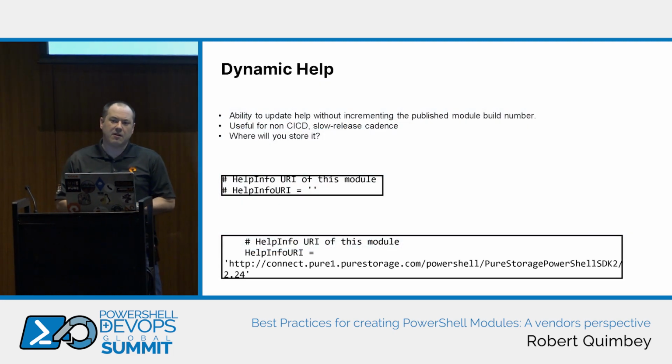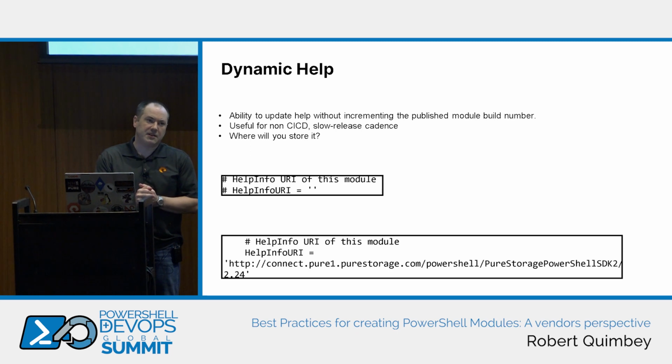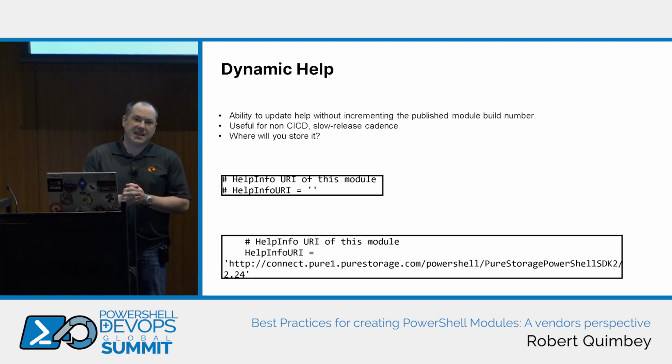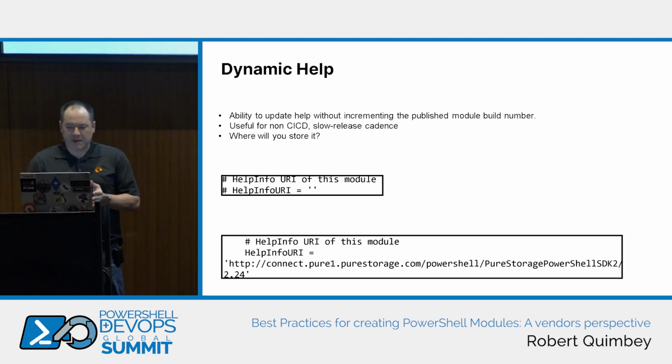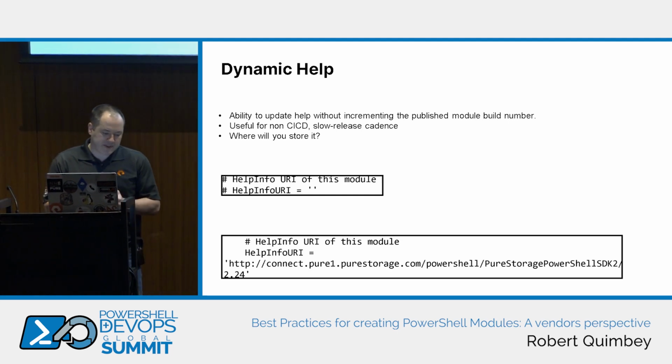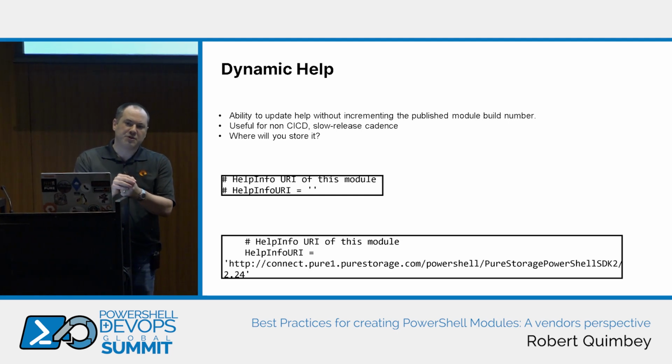Dynamic help is also something that is built into PowerShell. A lot of these things have to be declared in the manifest file. The reason dynamic help is interesting: most folks have opened up a PowerShell session, done a Get-Help, and seen, hey, do you want to dynamically grab the new help?